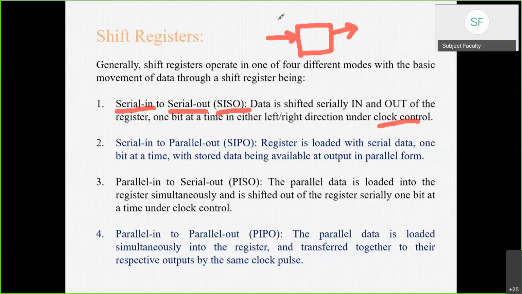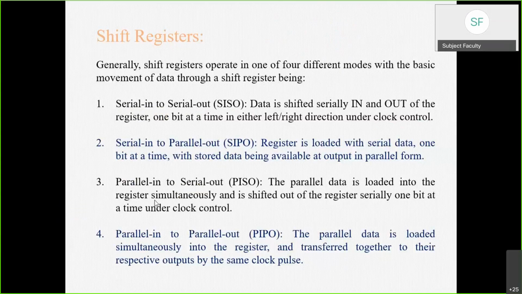Okay, so either you can follow this direction, serial in, serial out, in the right direction, or you can go in the left direction as well. So what do you mean by serial in and serial out? That means you are feeding input as serial and your output is also serial.